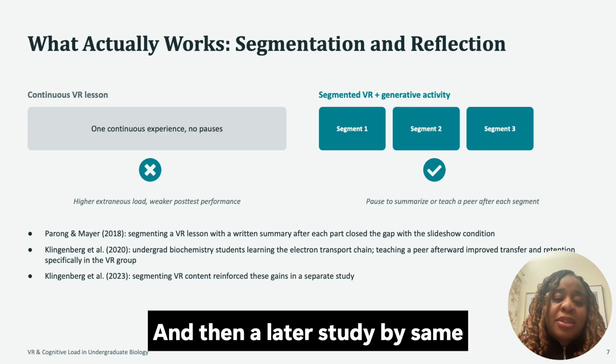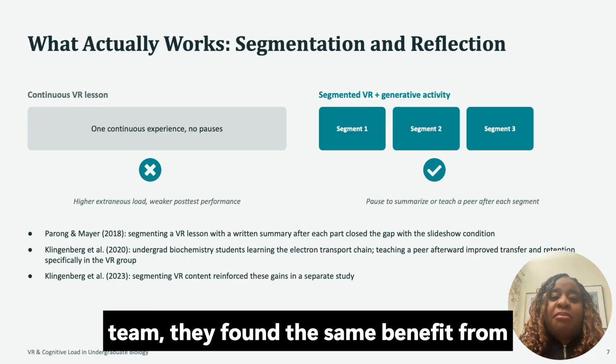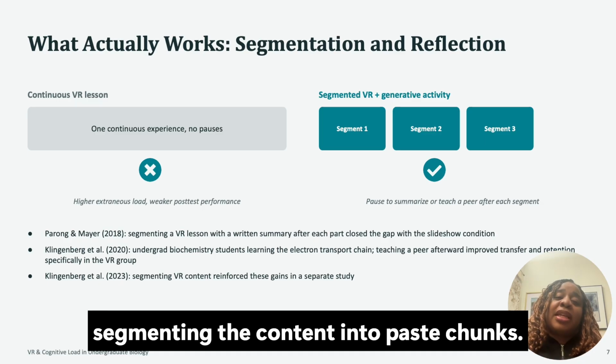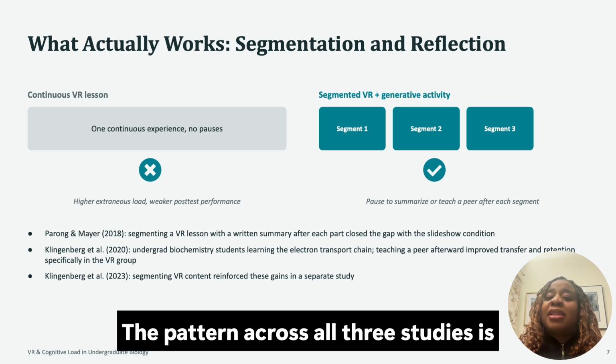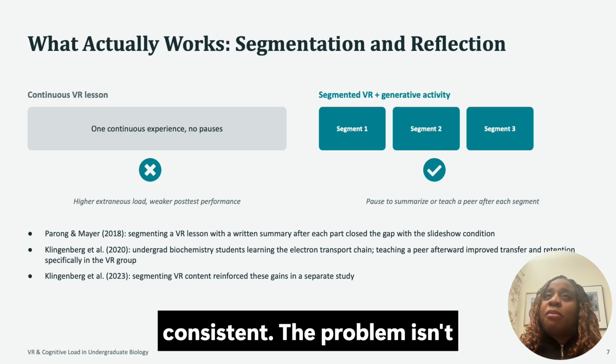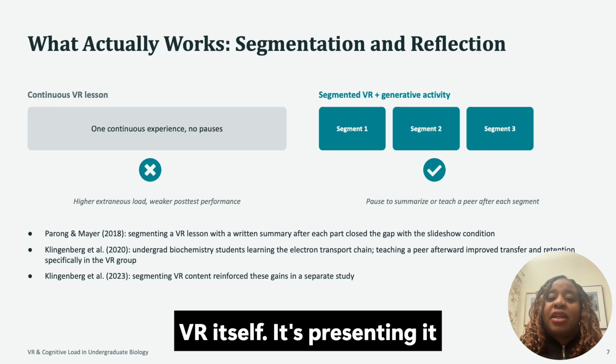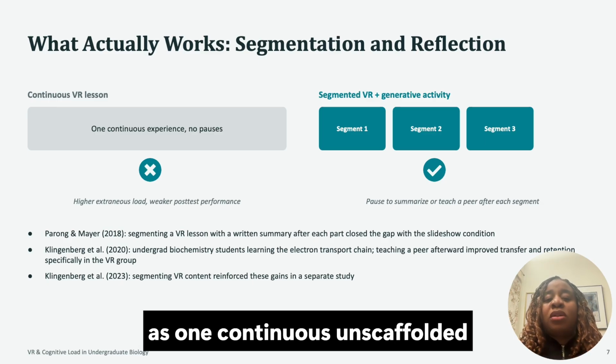And then a later study by the same team found the same benefit from segmenting the content into paced chunks. The pattern across all three studies is consistent. The problem isn't VR itself. It's presenting it as one continuous unscaffolded experience.